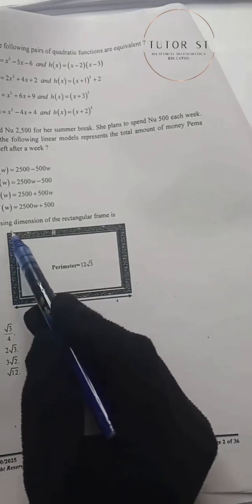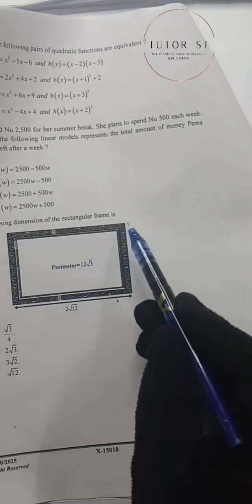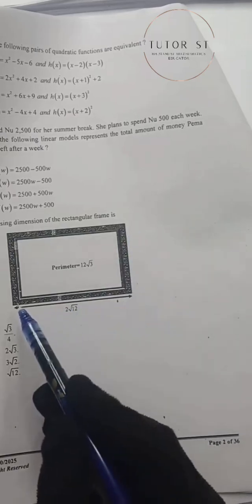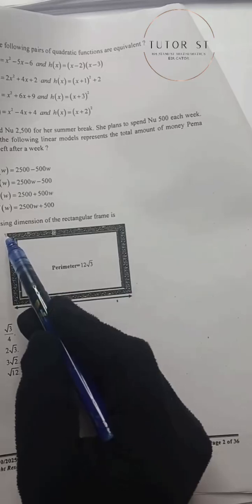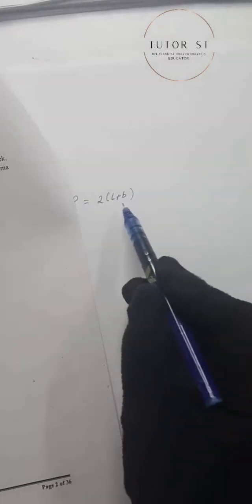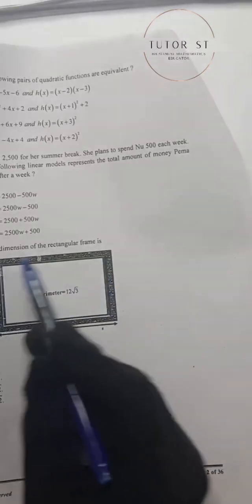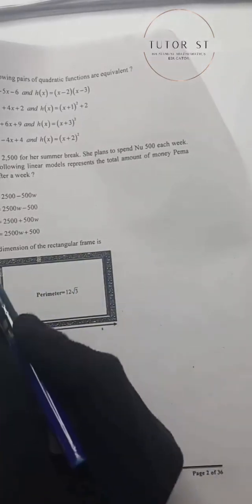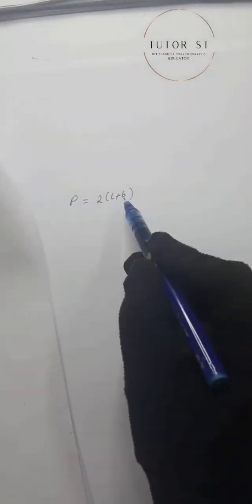We just need to add this length with this length, with this length, and with this length. If we add all these side lengths, we will get the perimeter. So in 2L plus 2B, we have two lengths and two widths, and B is my width, the breadth.